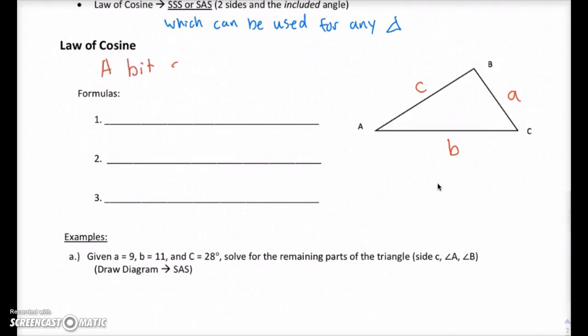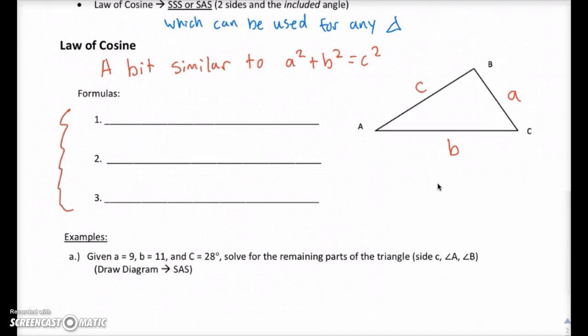Having that, the formula for the law of cosines, I'm just going to put a little note here. It's a bit similar to our Pythagorean theorem, a squared plus b squared equals c squared. It's kind of similar, but not exact. These three formulas are going to be very identical to each other with just some minor tweaks.